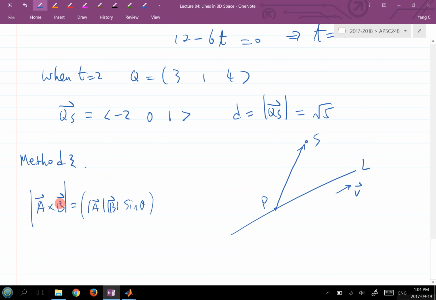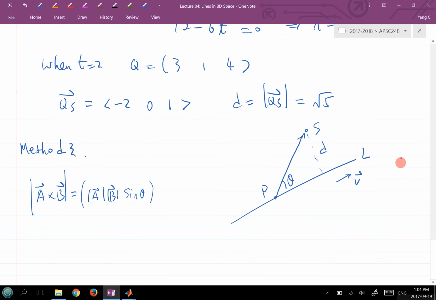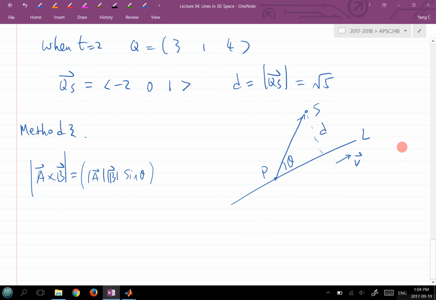We're looking for this, right? So if I label this as theta here, would that make it easier to find a solution now?